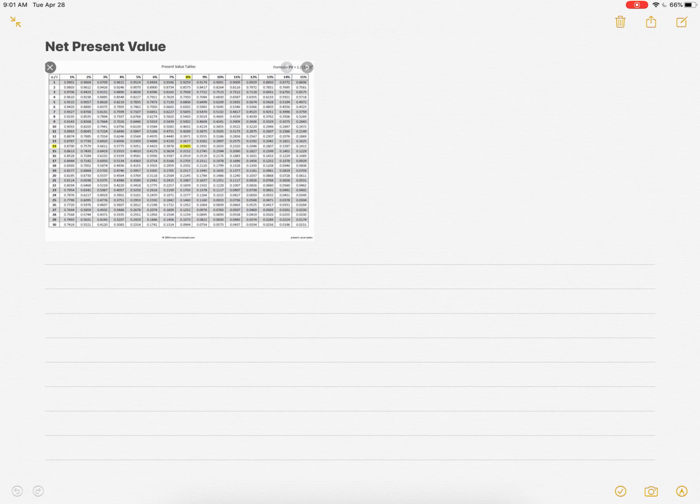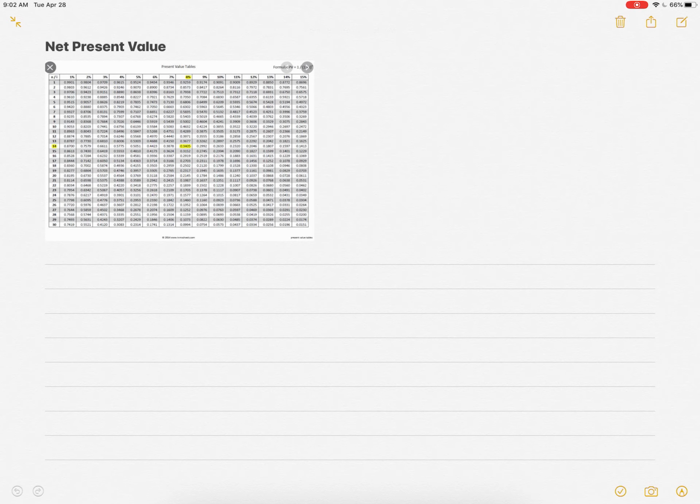Now let's look at a more difficult topic, the net present value. Net present value uses tables to determine how much our money is worth today and what we should be investing in. To do a net present value, we're going to take the amounts that are given and multiply them by a present value factor.